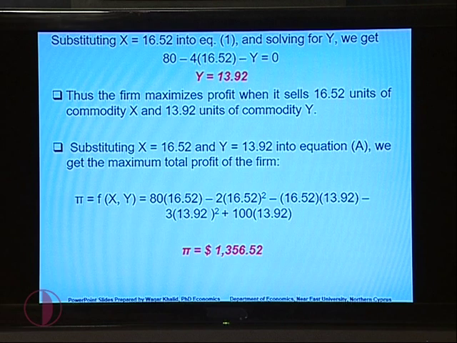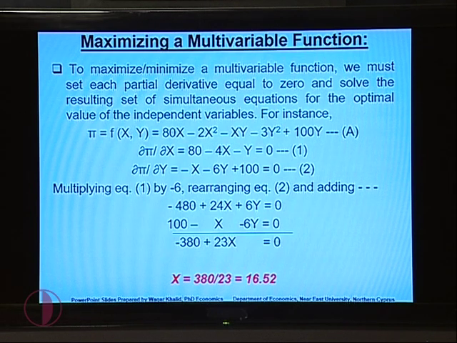Equation 1, let me write it again. Equation 1 was 80 minus 4x minus y is equal to 0.